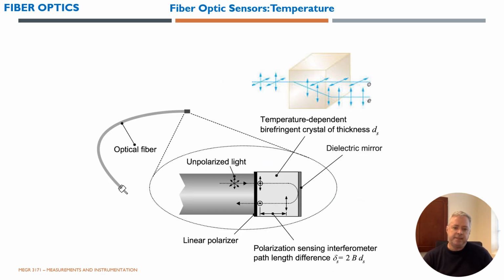So here is an example of a temperature sensor using fiber optics. You have a fiber optic cable, and at the end of that cable, you put a birefringent crystal. What this does is it polarizes the light. The light comes down in one direction and gets polarized upon the return.